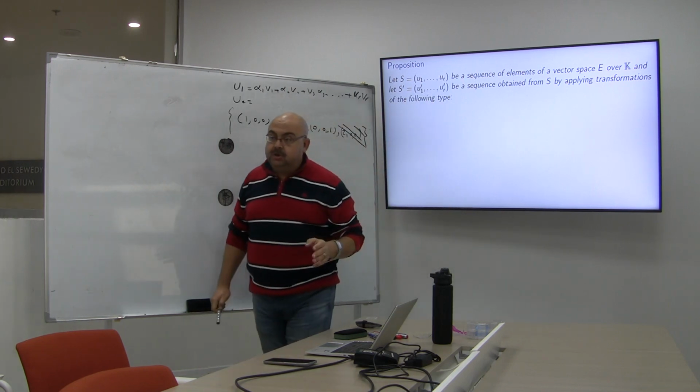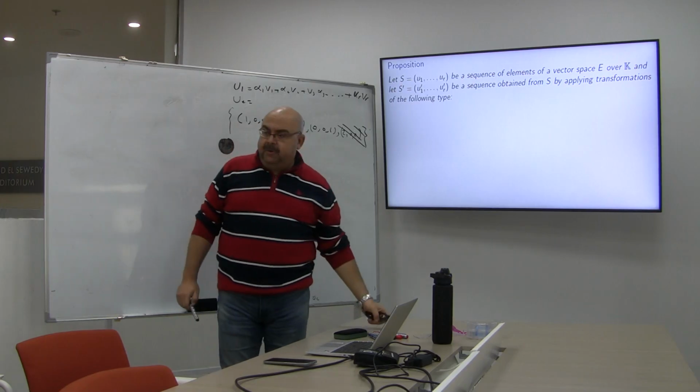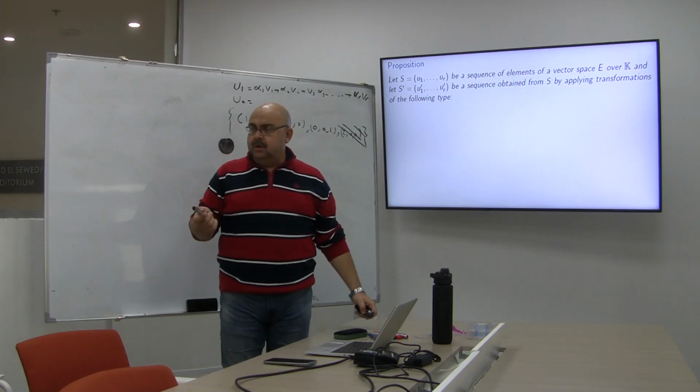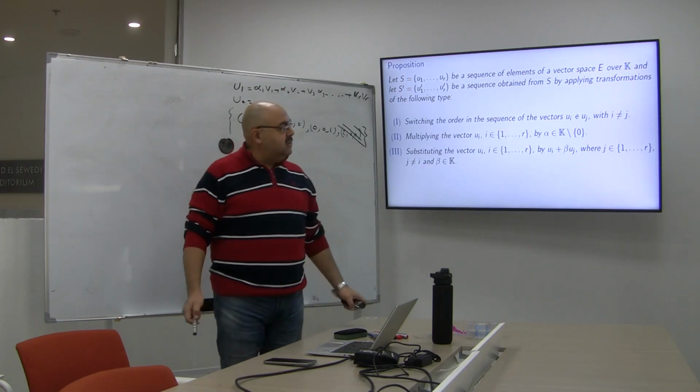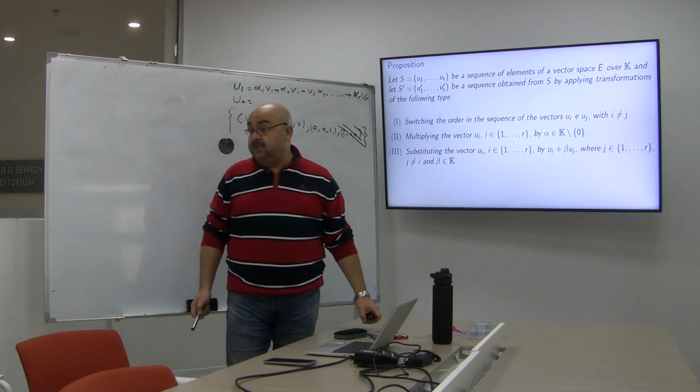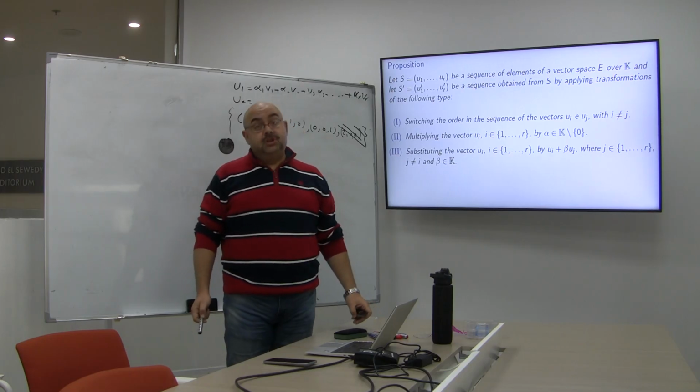What's the transformation? I'm going to play with the row operations. Do you remember the row operations? Which are switching rows, multiplying a row by a number, and multiplying a row by a number and adding it to another row. That's the bunch of operations. They will generate the same space, which is a huge statement.